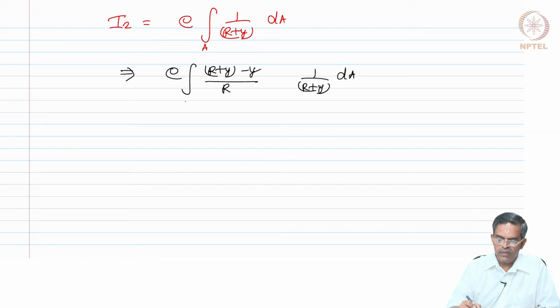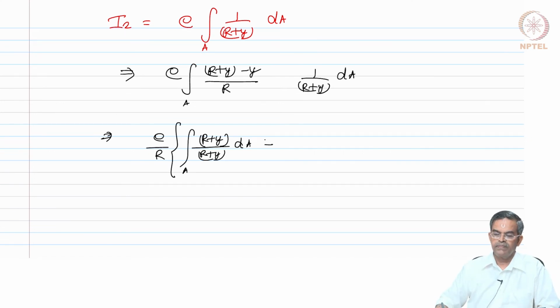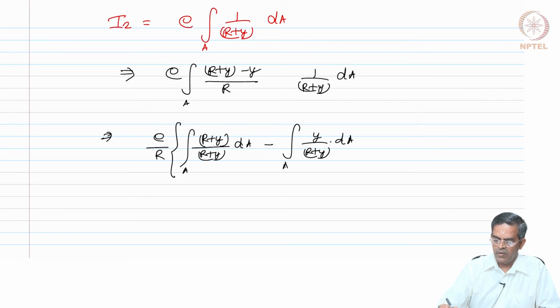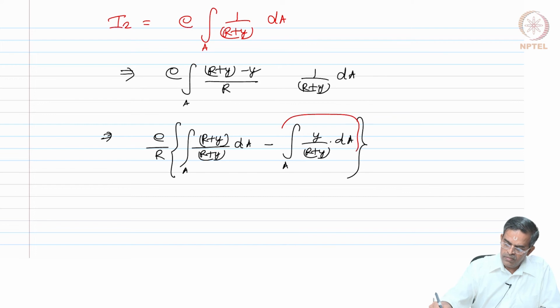Which can be said as E by R times the integral of R plus y by R plus y dA minus the integral of y by R plus y dA over A. Friends, if you recollect, turn back your notes, this particular term is known.